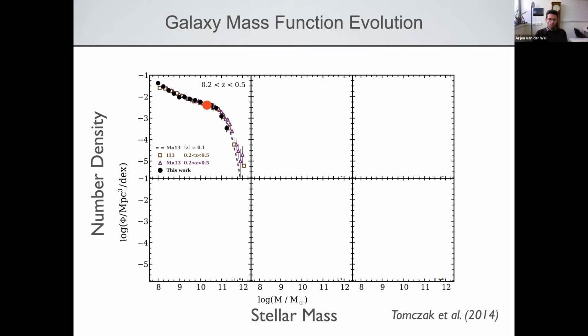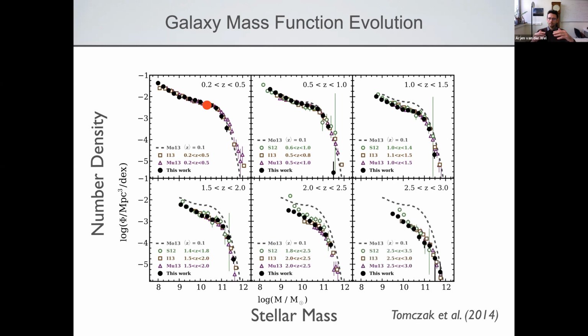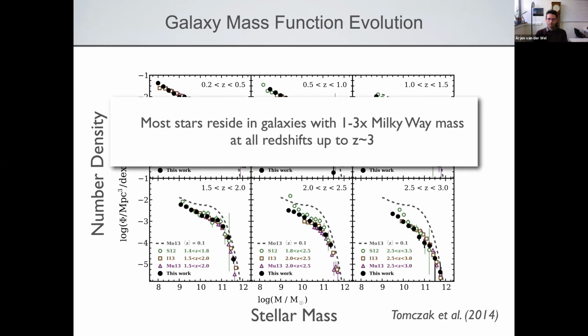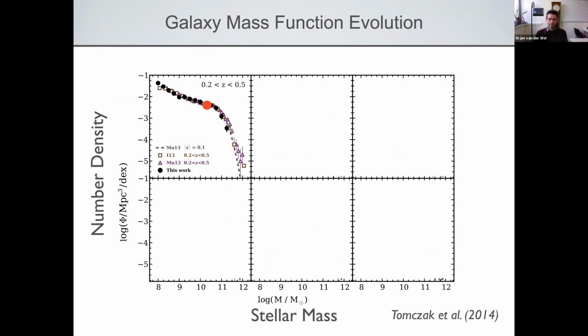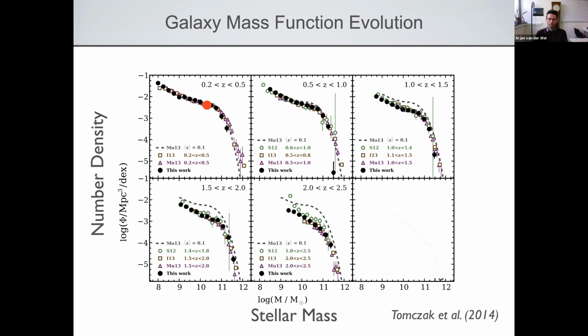Okay, how does this thing evolve? This is at relatively low redshift. At higher redshift, you see gradual change. What you see is a downward shift. So at all masses, the number of galaxies increases over time. As a consequence, we can say that most stars reside at the same mass at all cosmic times, between redshift 0 and 3.